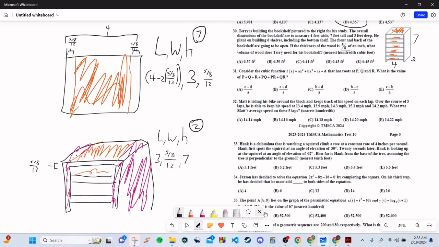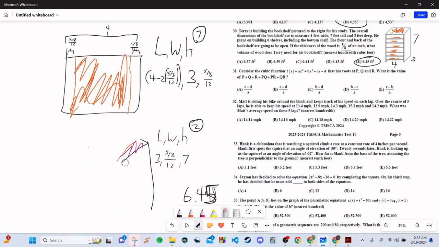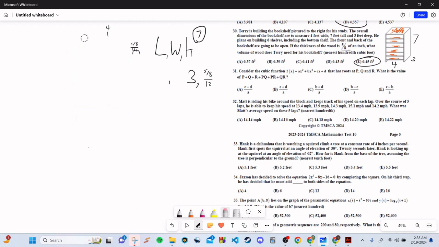And so we get an answer of about 6.448, so 6.45. That'll be answer choice E, which is the correct answer. This one you just want to make sure you're being very mindful of that thickness of the wood. So that's a nice fun little geometry question.